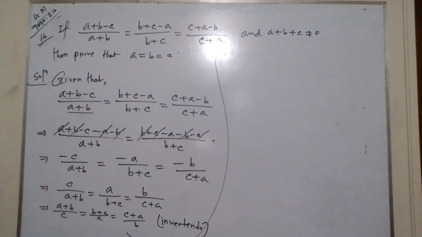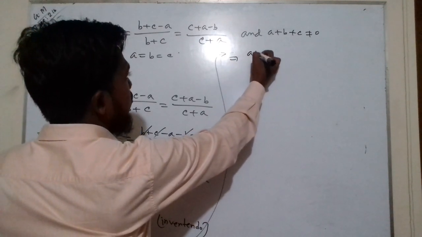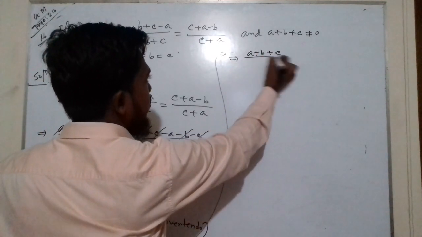Now if we use the formula of componendo, then we can write a plus b plus c divided by c.